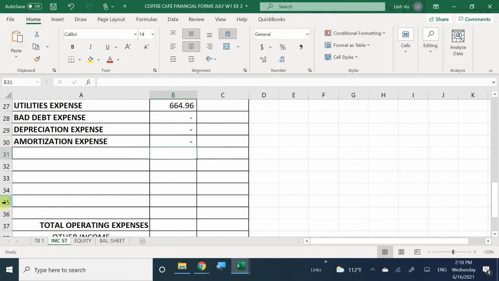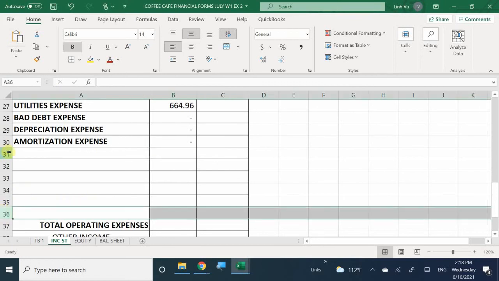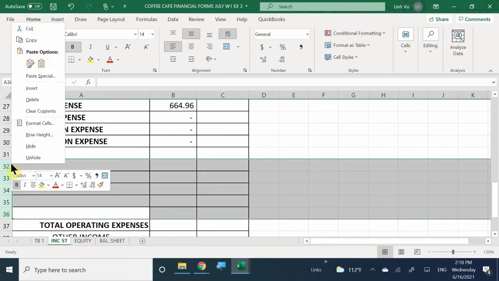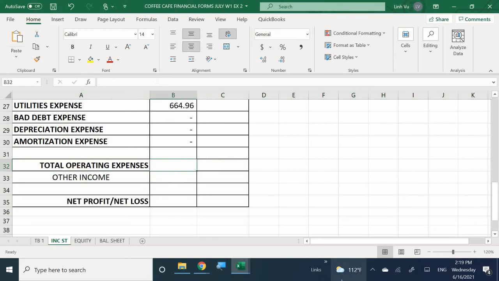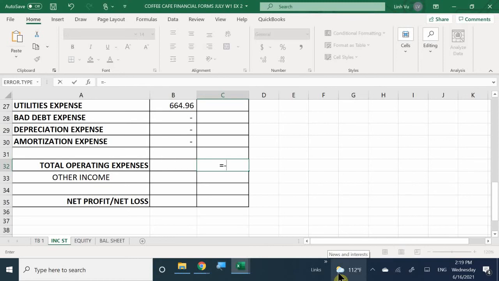So in this case, I'm just going to delete these so I can clean it up just a bit. All right, there we go. So what is my total operating expense? 2678.58.